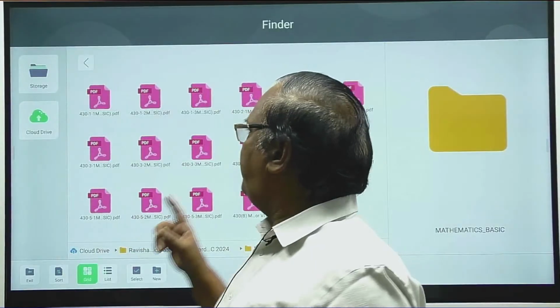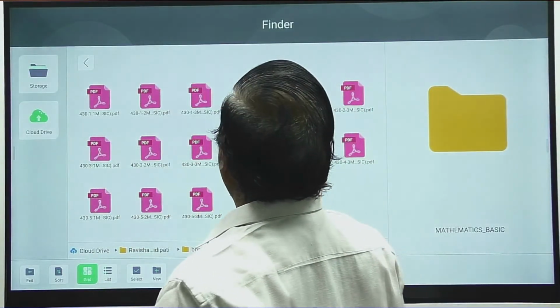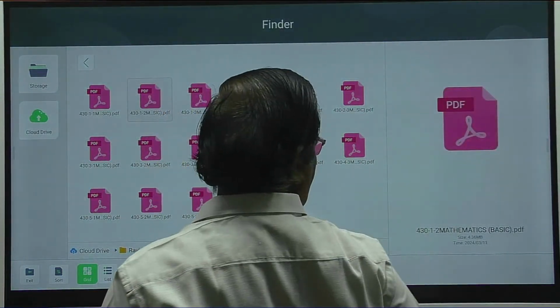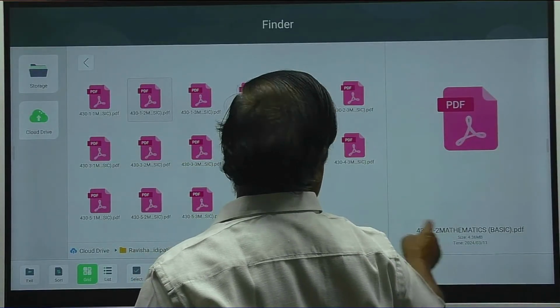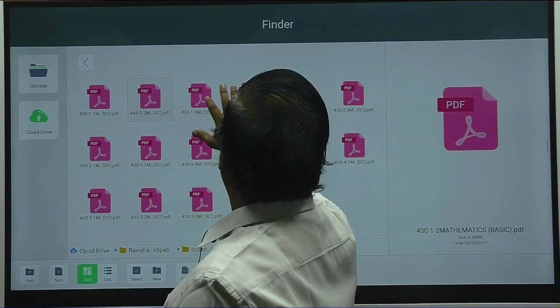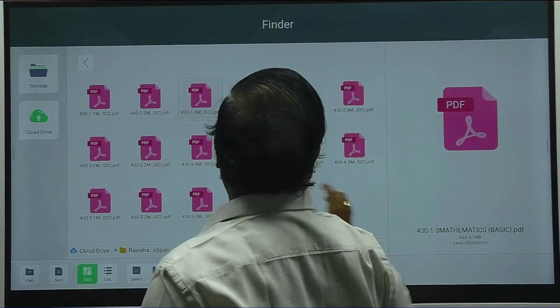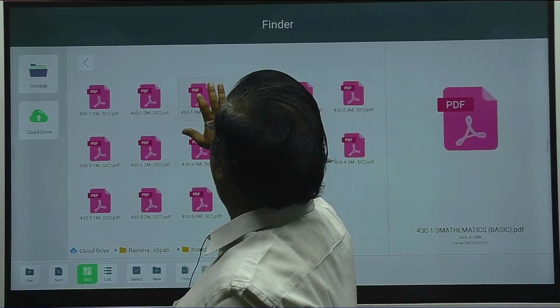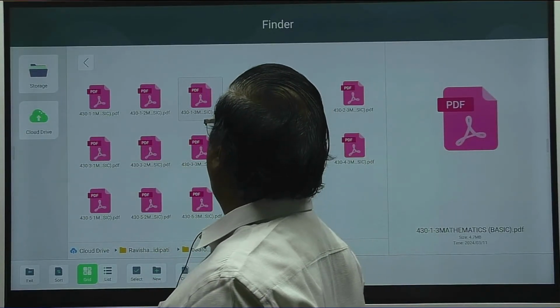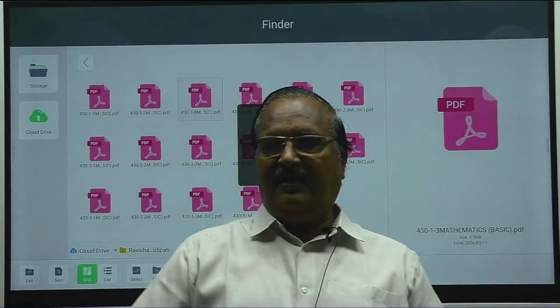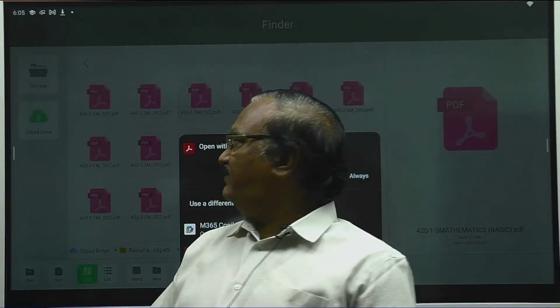But I am going to take set 1 basic 1 by 2, this is 1 by 3, 430 hyphen 1 by 3.